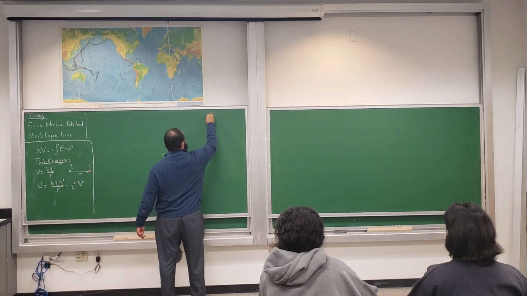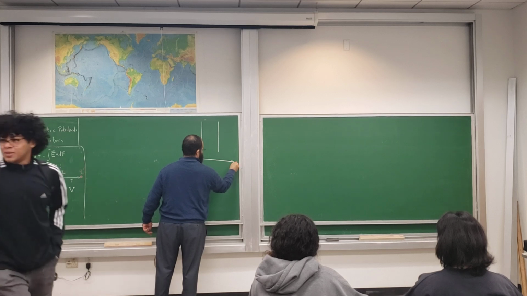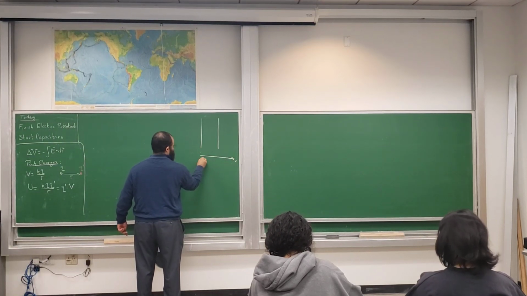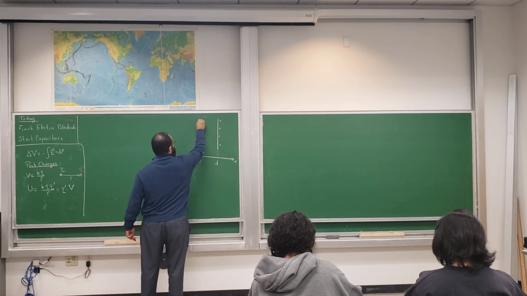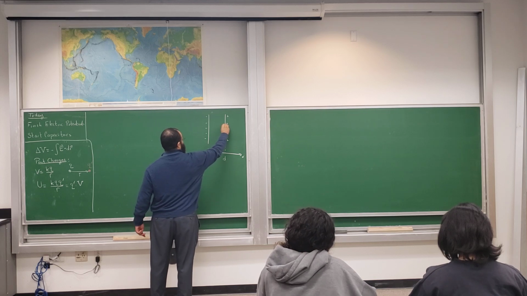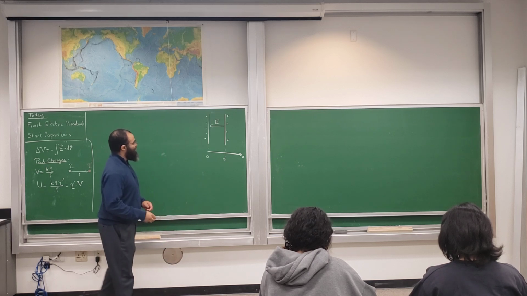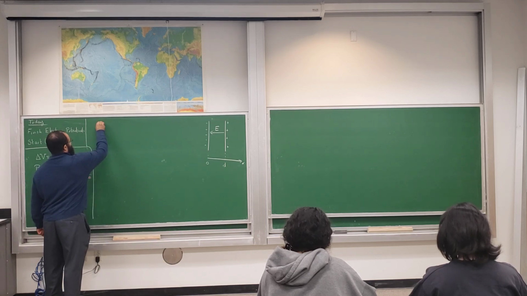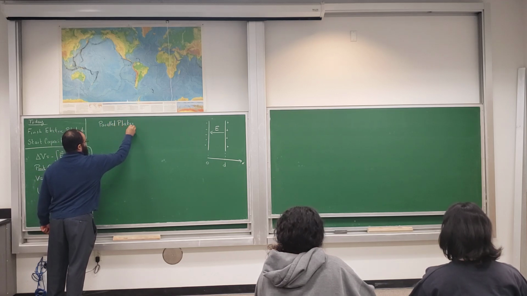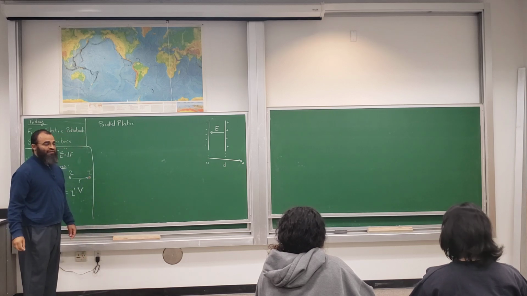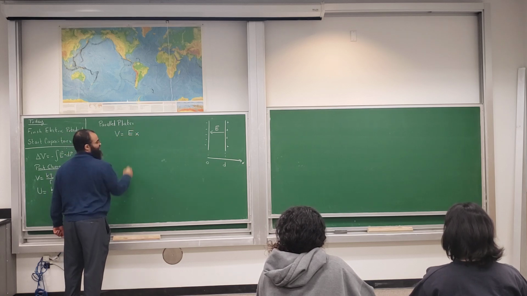So for parallel plates, let's say this is the x direction, 0, this is d, and let's say this plate here is positively charged and this plate has a minus charge, and the electric field is in this direction, with magnitude E. Then the electric potential for parallel plates, so far we're still reviewing, right, was V equals E times x.